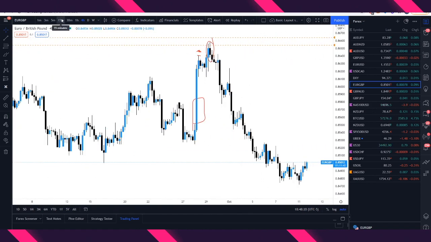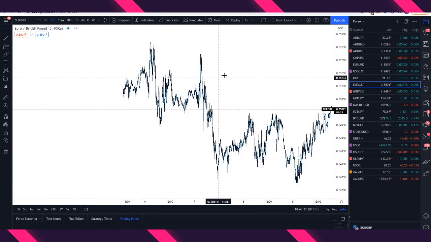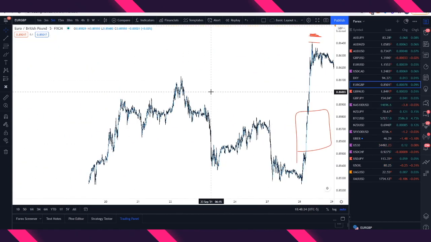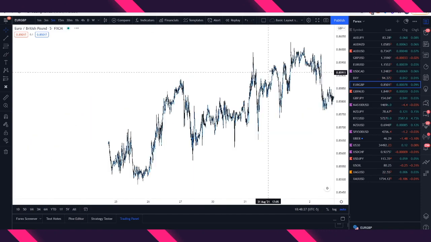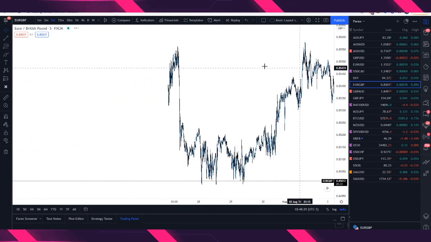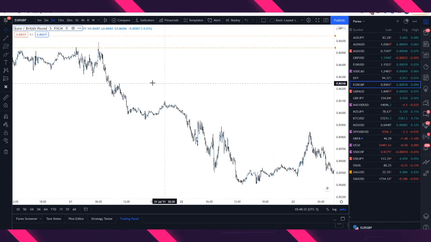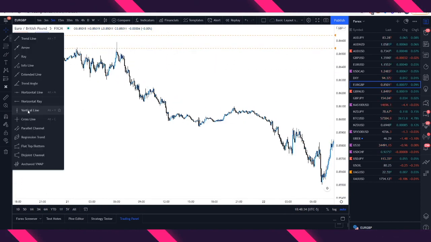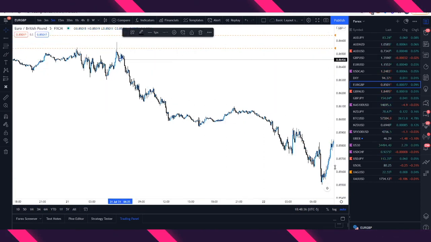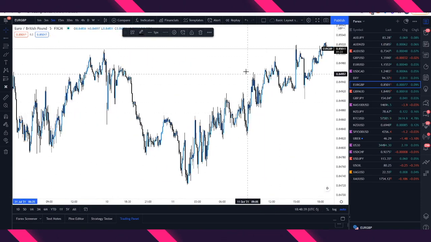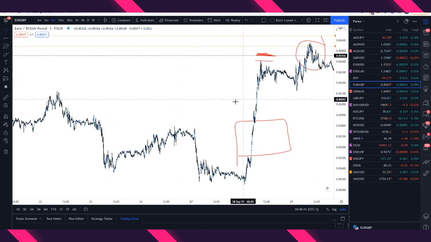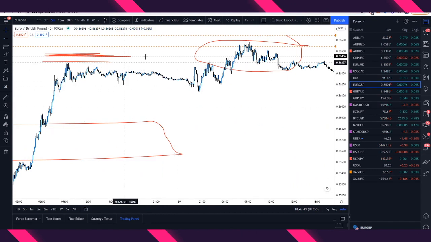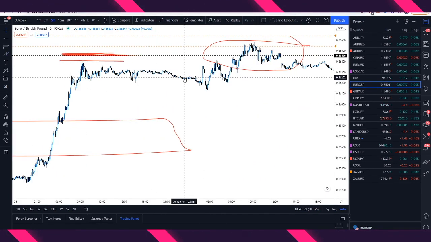Okay, and so I'm going to put that line back just so you can see again. So we have that imbalance. And so when price gets above that area into that liquidity buildup area, we want to start figuring out where to get our entry.